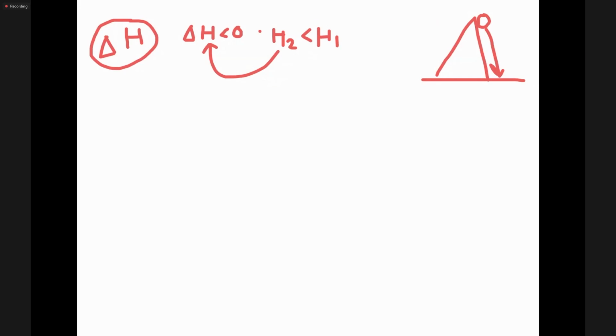There are also very typical examples in favor of this phenomenon. Say we have this equation: N2 plus H2 producing ammonia.